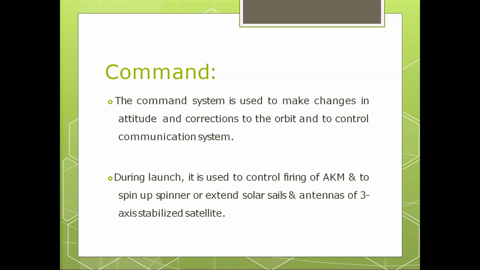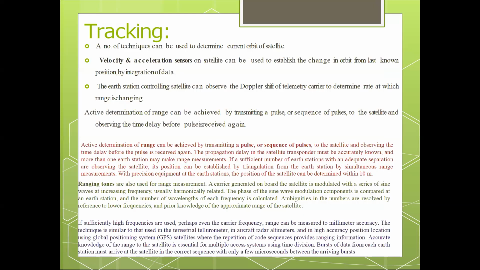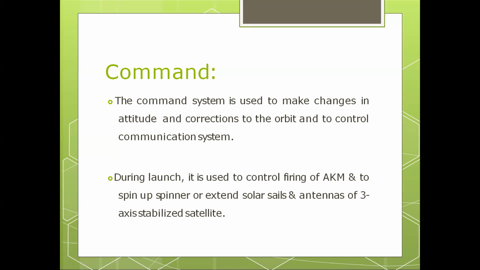In that particular motor system, AKM is the apogee kick motor, and we also have spinners and the solar cells, etc. These are the spinners available in the particular satellite system. Controlling these spinners is automatically achieved by the command system.